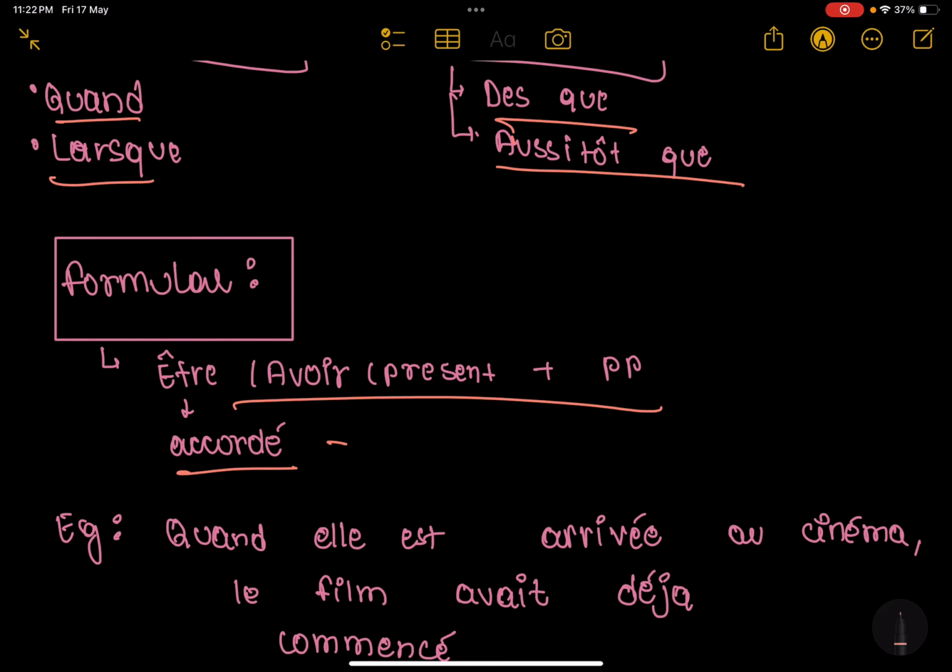The rules of accords are: for elle form we add an extra e; for nous form we add an extra s; similarly for the vous form we add an extra s as well; for ils we add an extra s; for elles we add an extra es.